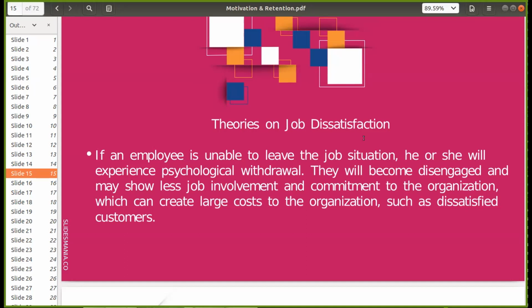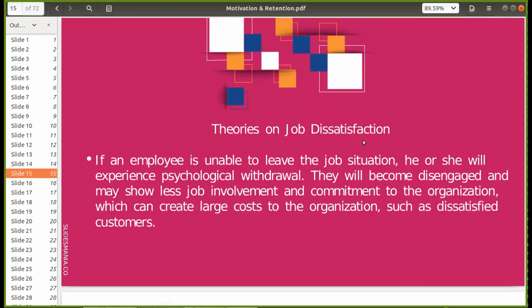So, hindi na siya productive, which can create large cost to the organization, such as dissatisfied customers. And again, we have discussed that previously, na if the employee is unhappy, then customers also are not happy. Okay? Kasi they're not being served well. Kaya, ayan, cost yun sa company.